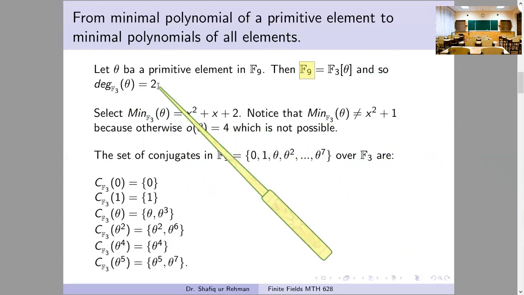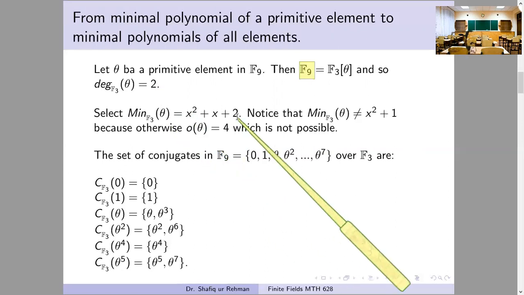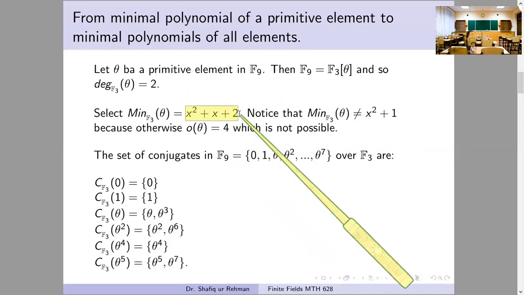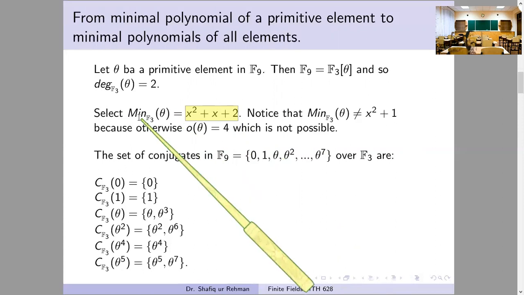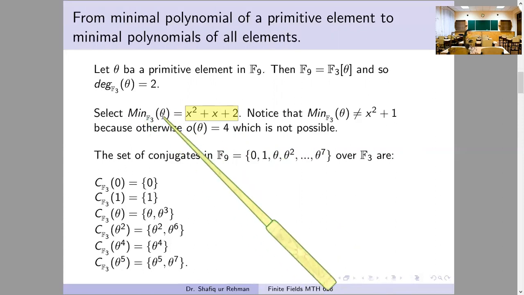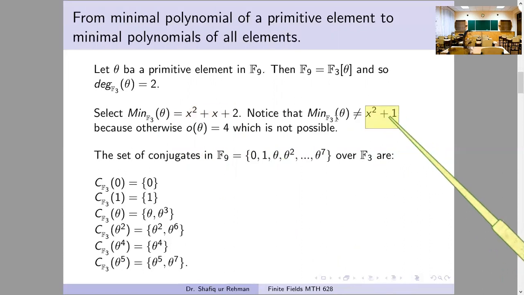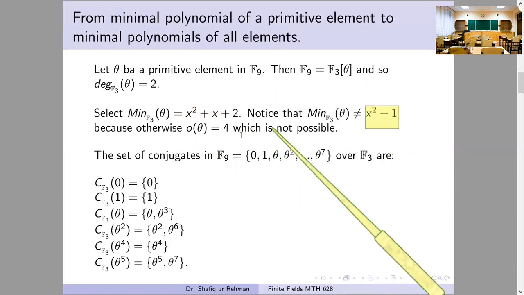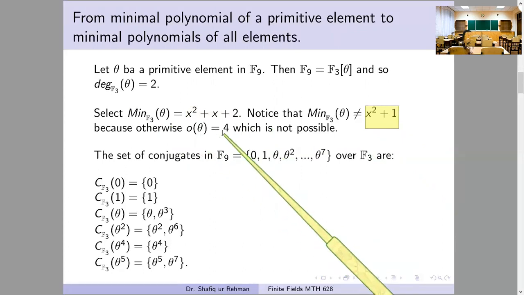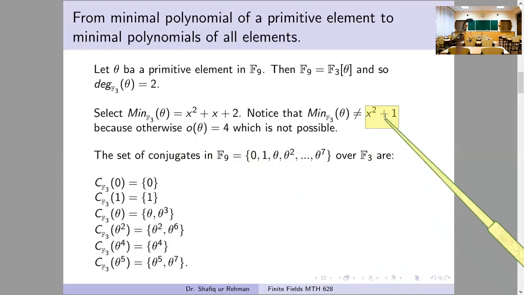So we have to select some minimal polynomial of theta, and that polynomial must be irreducible over the field F3. So we select this polynomial, which is an irreducible polynomial over the field F3, and we choose this as a minimal polynomial for theta. And notice that we cannot choose x^2 + 1 as a minimal polynomial of theta, because otherwise the order of theta will be equal to 4, because then theta^2 + 1 = 0.